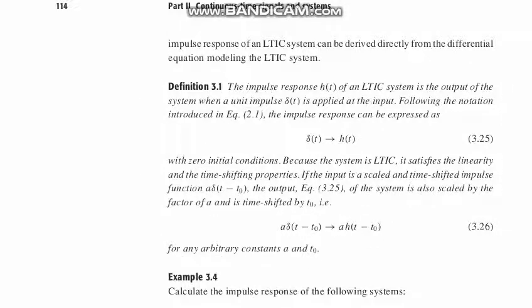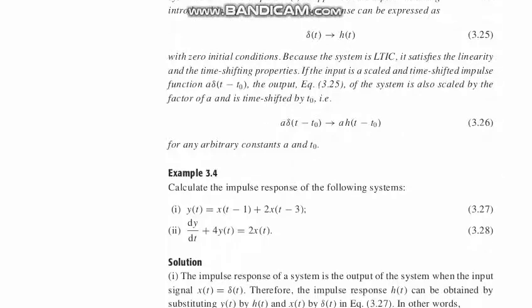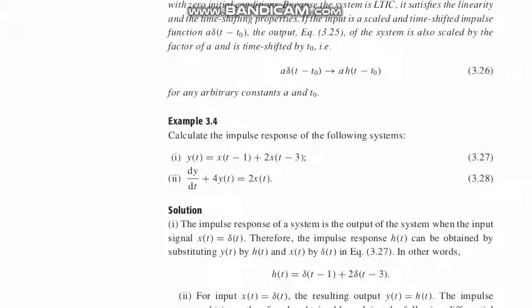So my dear students, if you do the example given below, you could understand it clearly. There is example 3.4. Calculate the impulse response of the following system. How do you calculate it? That is the time shifting property and the scaled time shifting property here. The impulse response of a system is the output of the system when the input signal x(t) is equal to delta(t).